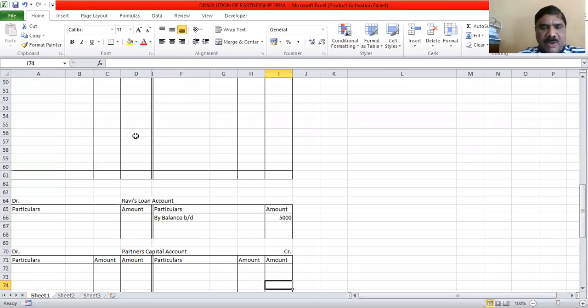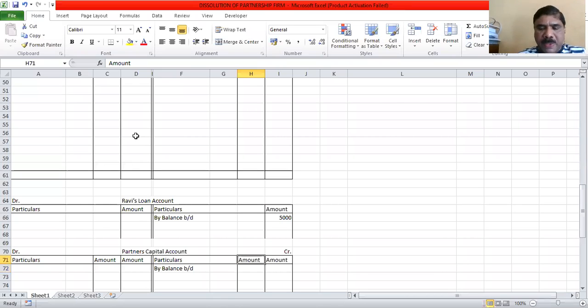Then we have the capital account. As usual, we write the capital account balance on the credit side. But in dissolution, always remember that sometimes the balances are given on the asset side of the capital account; in that case we have to write them on the debit side.